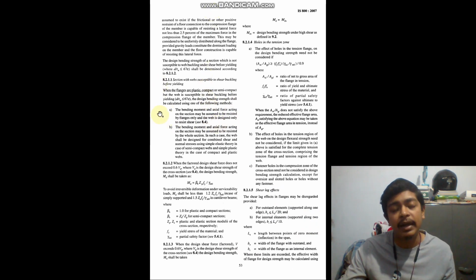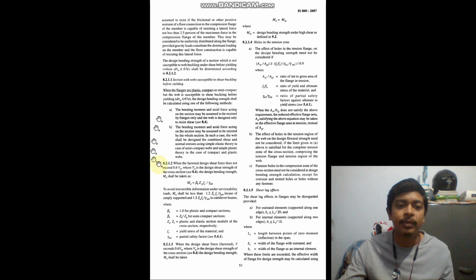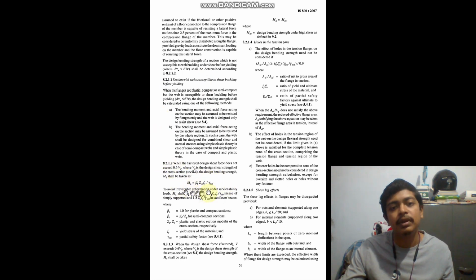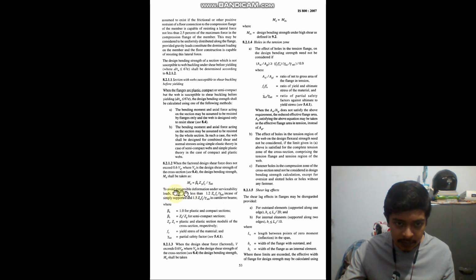So for a laterally supported beam, this is the particular expression that you need to use to find moment carrying capacity for the beams which are laterally supported, right? So here let's read it out.